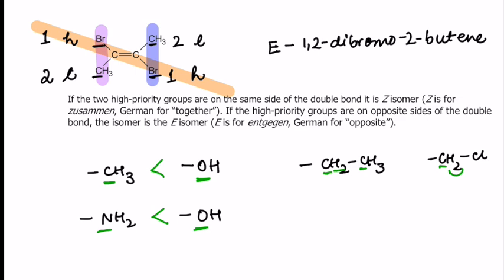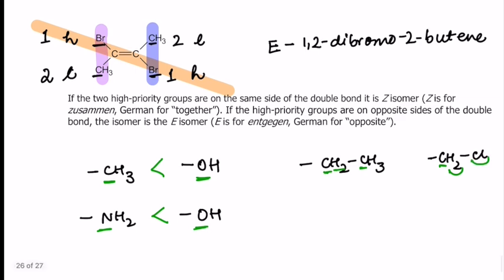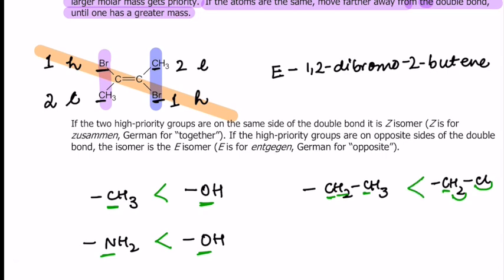So, you move on and the next atom is a carbon on the left side, but a chlorine on the right side. Therefore, this group has a higher priority compared to just the regular ethyl group. So, in order to find the higher priority, you go one by one through the atoms looking for the first point of difference again in molar mass.